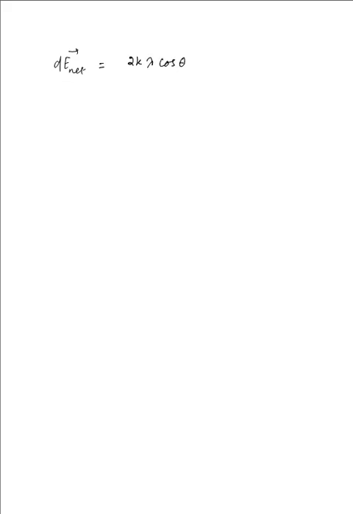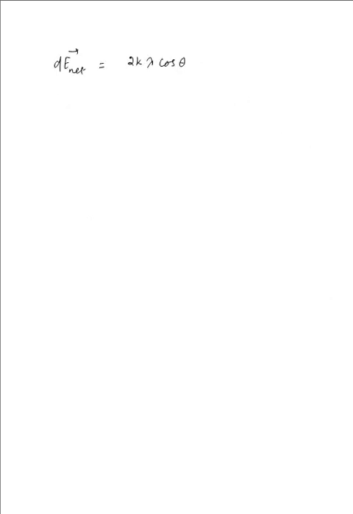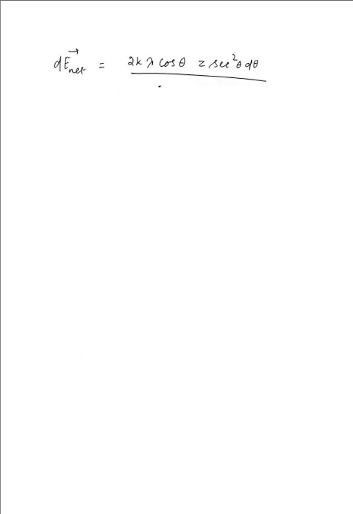What do we have instead of dx over there? Dx is simply z sec square theta d theta, divided by the value for r square, which is z square sec square theta in the denominator.